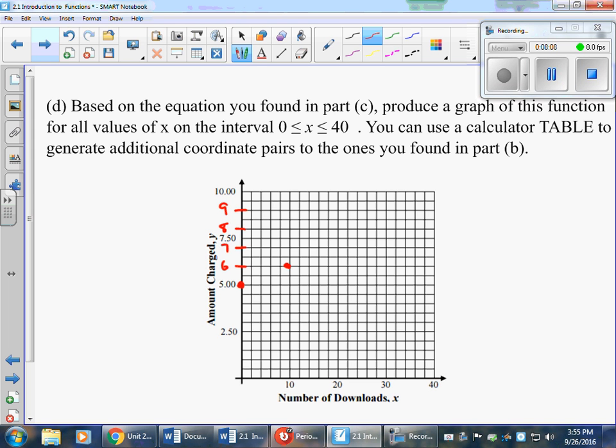At 20, we're at $7. At 30, we're at $8. And at 40, we're at $9. So this is what our graph is going to look like.